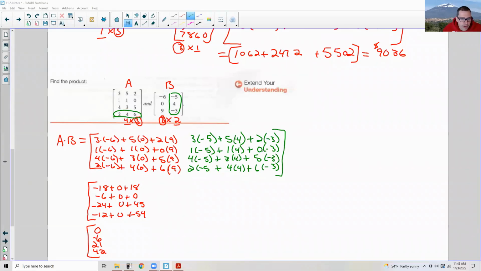Okay, so my first one was showing all of my work. My second one is my multiplication. So 3 times -5 is -15, plus 5 times 4 is 20, plus 2 times -3 is -6. 1 times -5 plus 1 times 4 plus 0 times -3. 4 times -5 plus 3 times 4 plus 5 times -3.